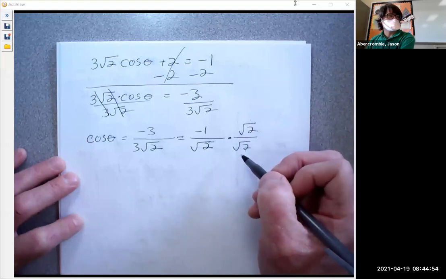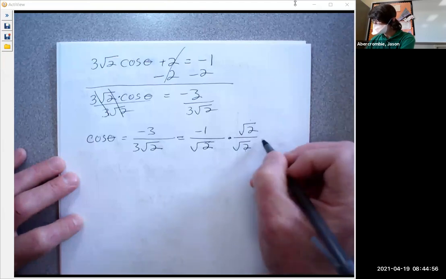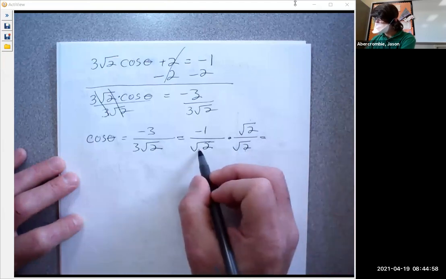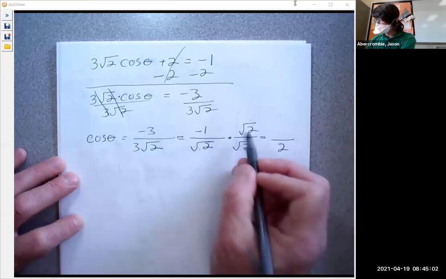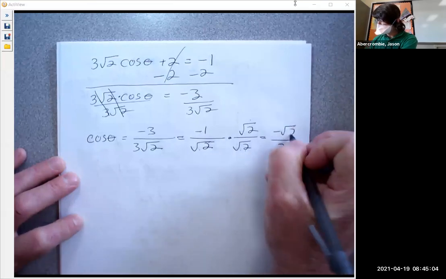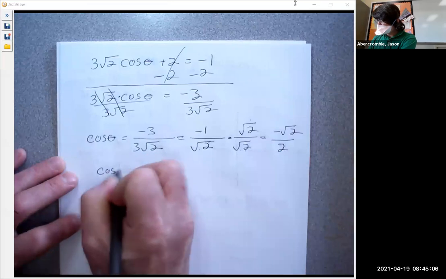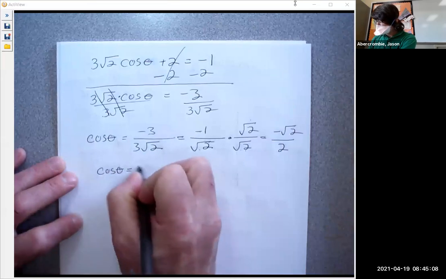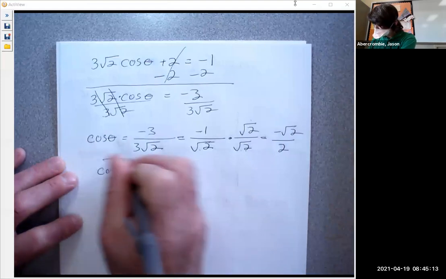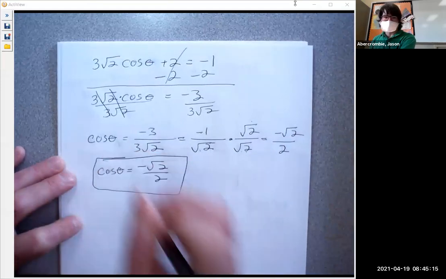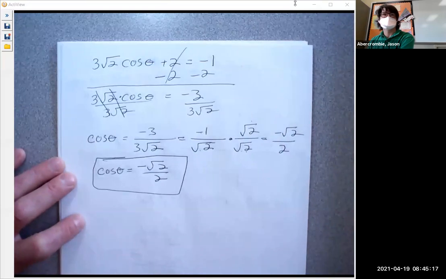And it's also well chosen because it helps you out with what your problem is. You get root 2 times root 2, that makes 2 on the bottom. And then negative 1 times root 2 is negative root 2. So what we've got going for us now is cosine theta is negative root 2 over 2. That's my real equation that we're going to deal with.